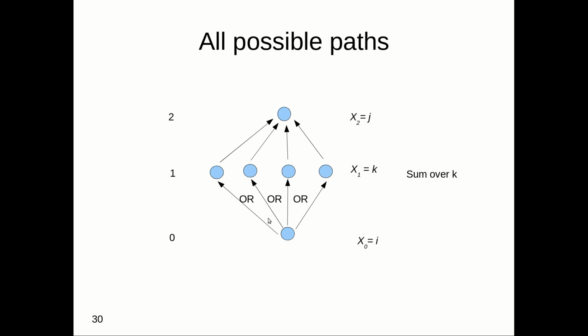So we could have this fanning out and then fanning in in our diagram. And if we want the probability of getting from here to here, then we must sum over the probabilities of following those 4 different paths.